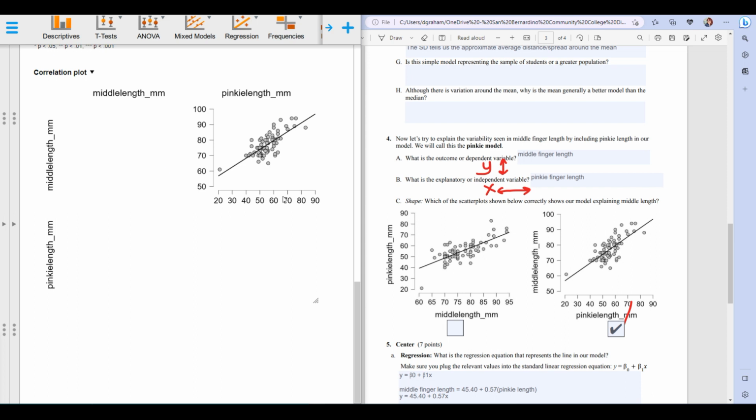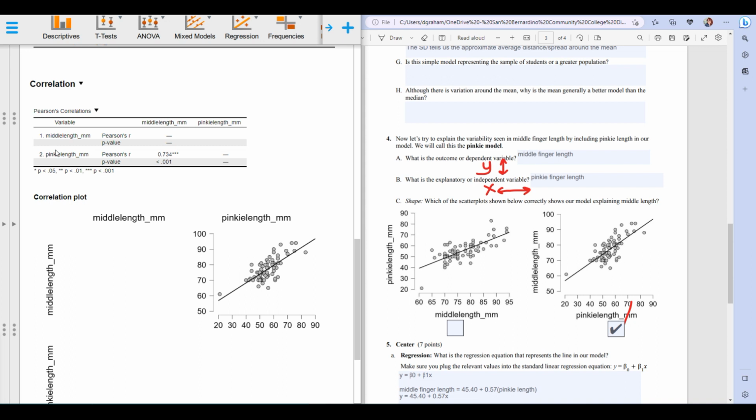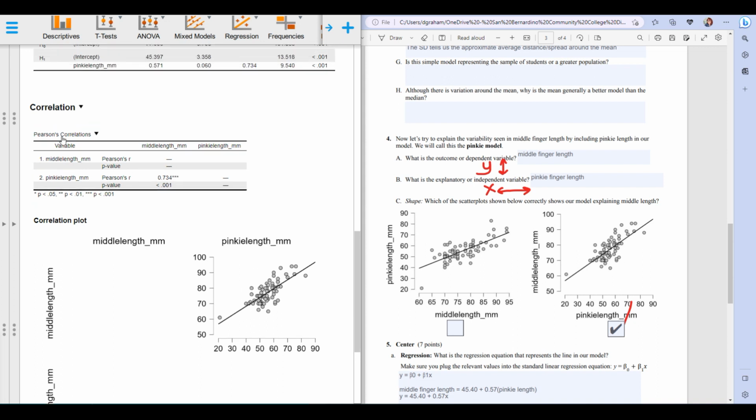So here we have our correlation. We can see, again, this is a positive correlation. It's going up, which is also reflective of that slope. And we want to look at our Pearson correlation table to identify our Pearson's R value, which will help us identify how strong this correlation is.